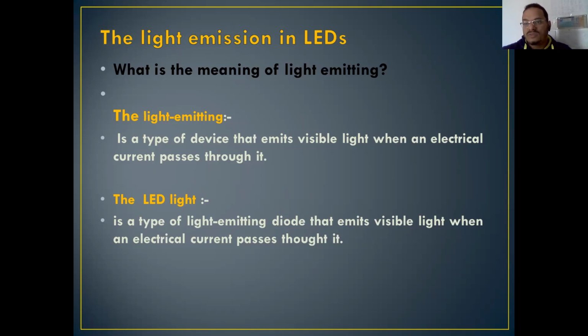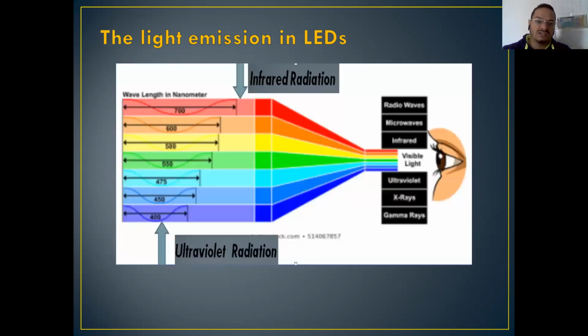Both of them, without current passing inside the circuit, have no way to generate any type of light, because I used the term visible light too much. I was thinking that if I put this image, it will better explain the visible light: it starts from 400 nanometers and finishes at 700 nanometers, more than that is infrared radiation, less than that is ultraviolet radiation.